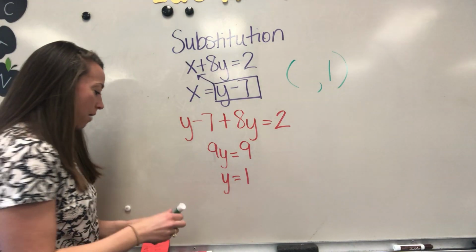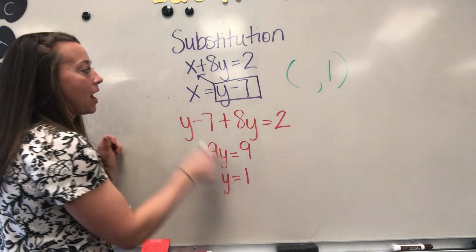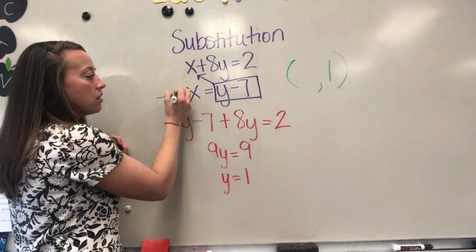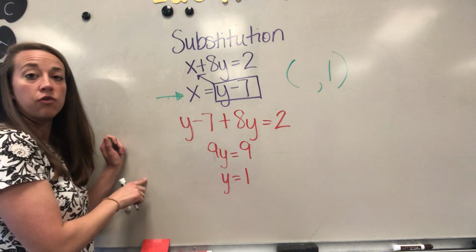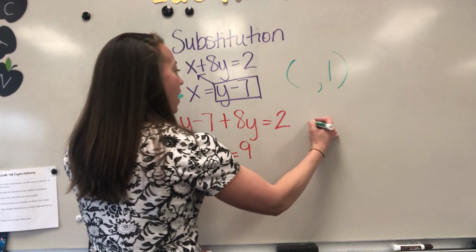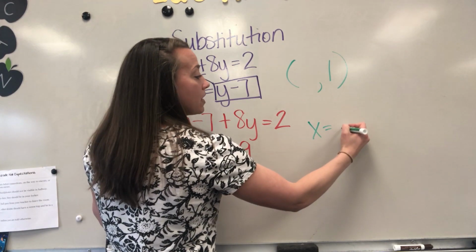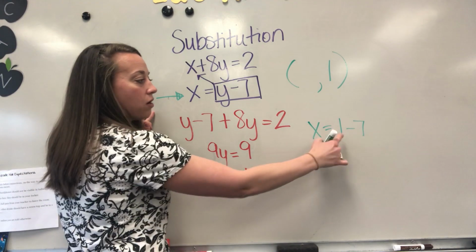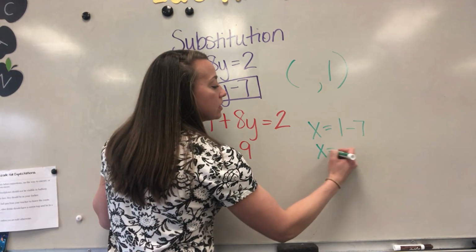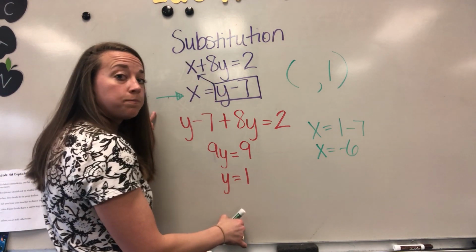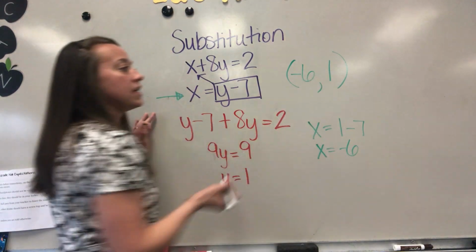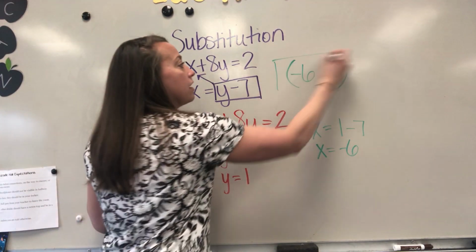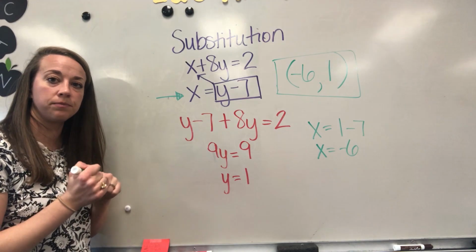So from there, I would take the fact that y is 1 and plug it back in to this equation that was already isolated for me. So I have x equals y minus 7, so 1 minus 7, because I'm taking the y value and plugging it in. So x is going to be equal to negative 6. So negative 6 is the x value of my solution set, and there would be my solution.